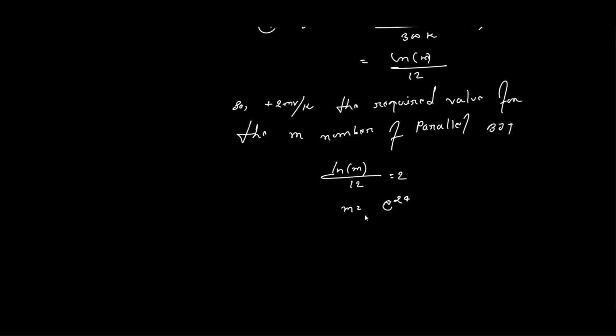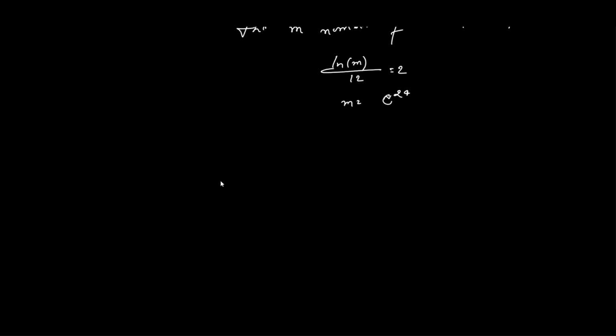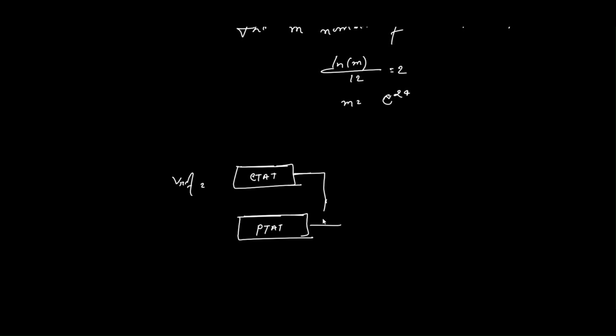So how can we reduce this number? We can add some constant. Let's say, as we know that, this one is the Vref.